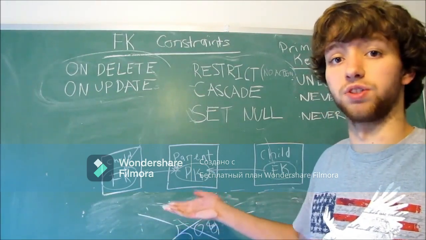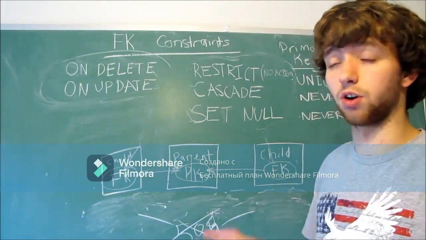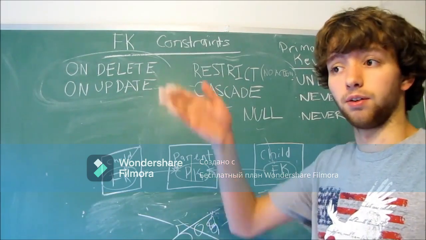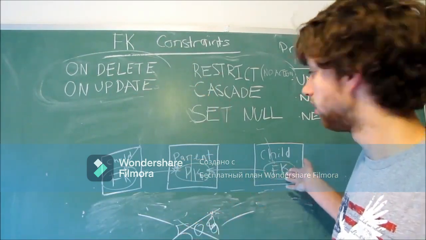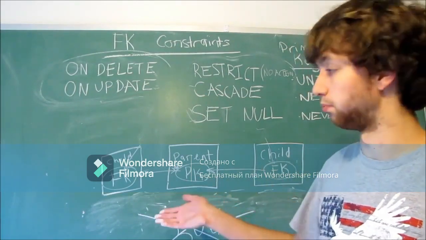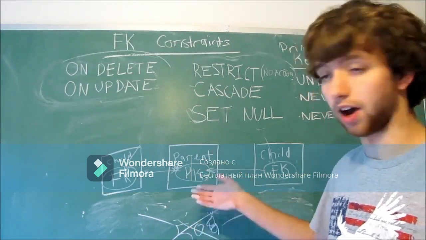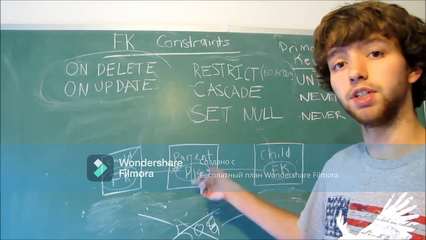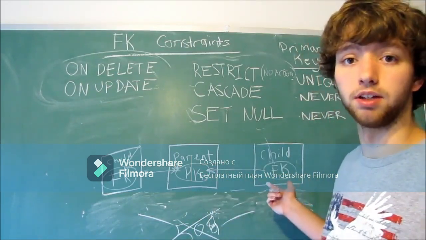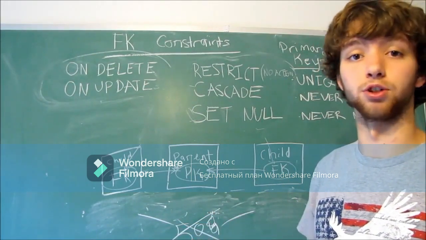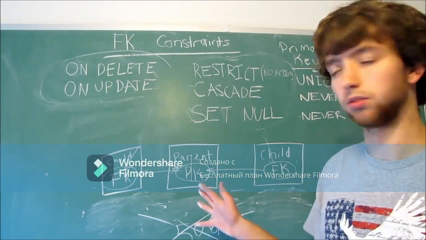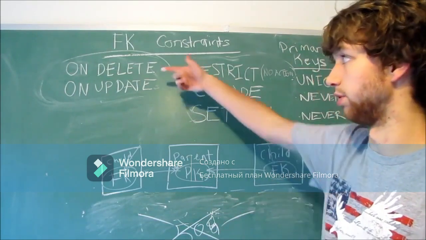So let's say we have a comment from Billy Bob with the ID of 504. If we delete that, now we're going to have a comment with no poster or commenter at all. It's just no value. That's what set null will do if we use on delete.